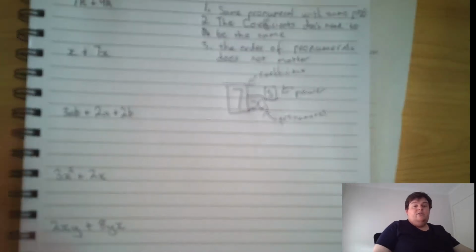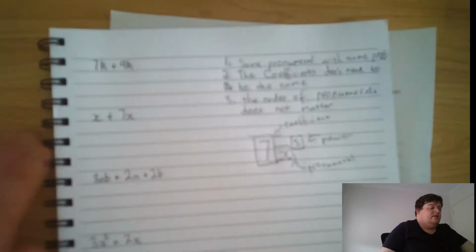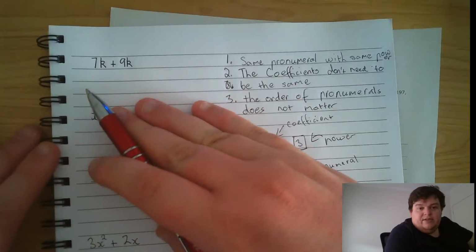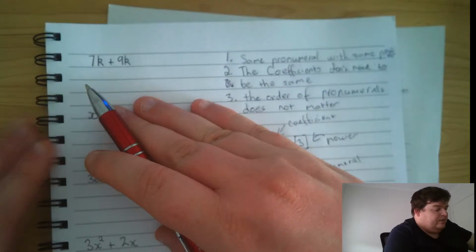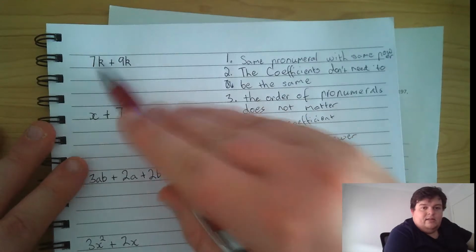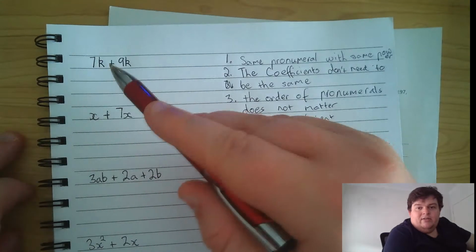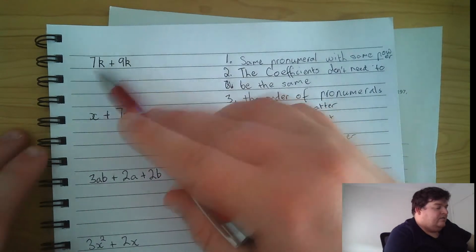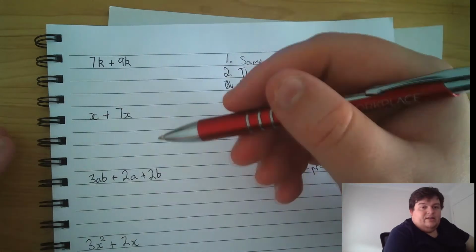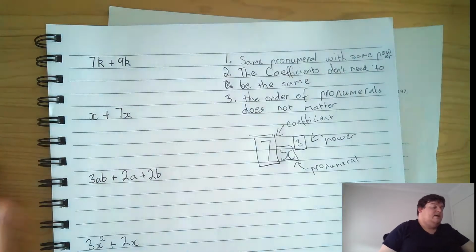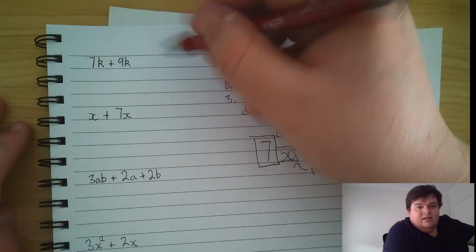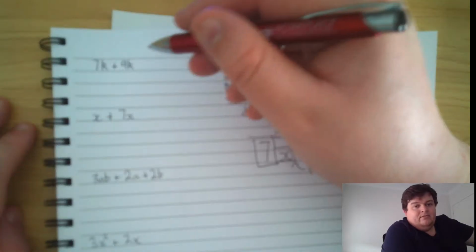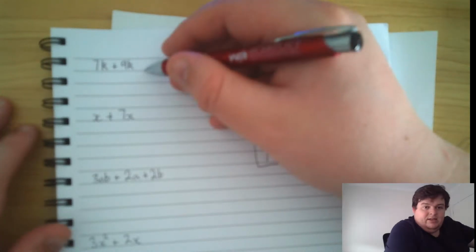So let's look at a few questions and see if we can figure them out. So the first one is 7k plus 9k. Now, because both of these are k's, these are considered to be like terms, right? So essentially what we're doing in this case is we're saying that there is 9 k's, all plus together, or 9 times k is another way to think of it.